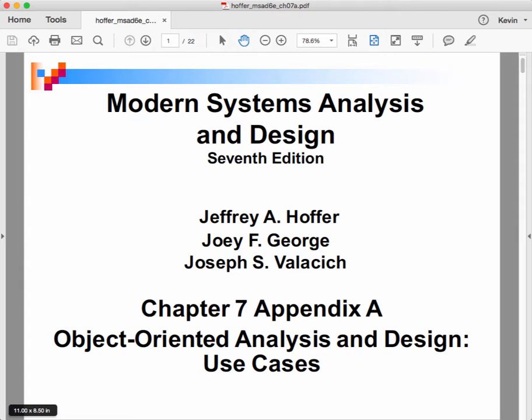So for instance, we identify the system in that central process that we put on the context diagram, and we identify the external entities. These are the user types that are going to interact with our system. And then the way that we represent the interaction is that we show the data flows going back and forth.